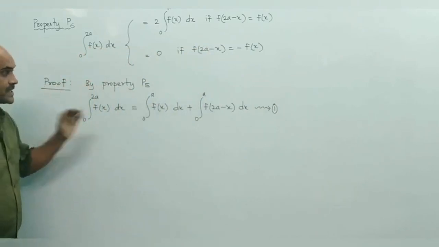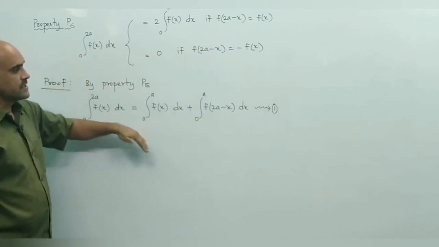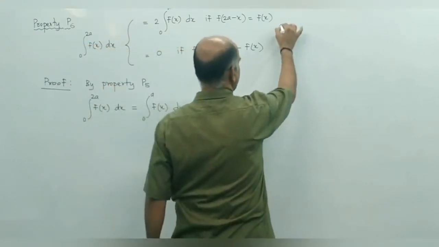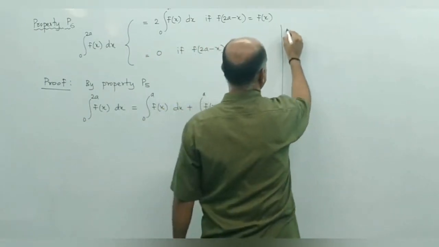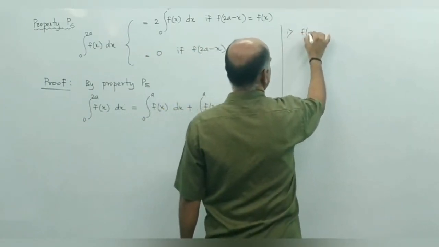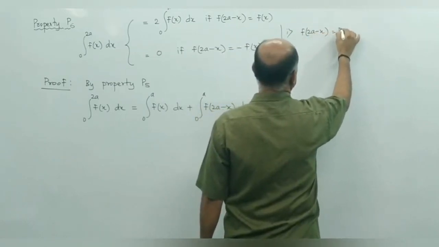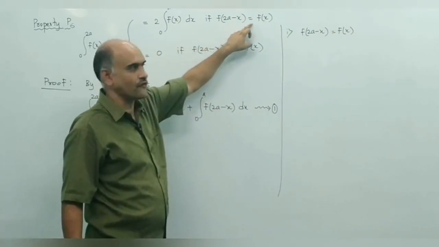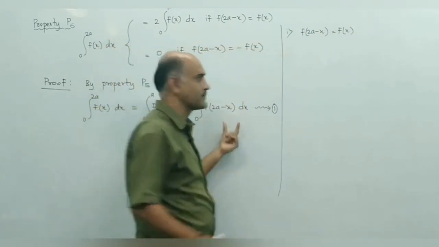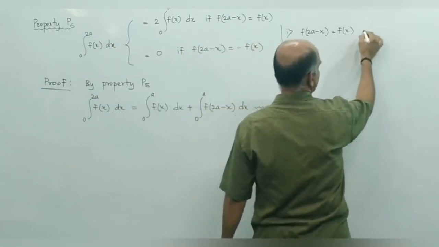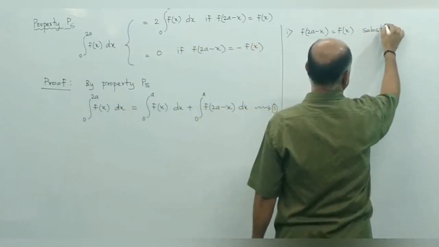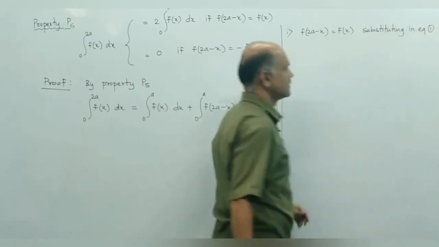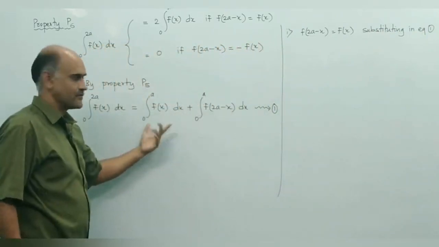Now just the conditions, whatever he has given, you substitute and you will get the answer. So if I take the first condition, f of 2a minus x is equal to f of x, substitute that value in equation 1.